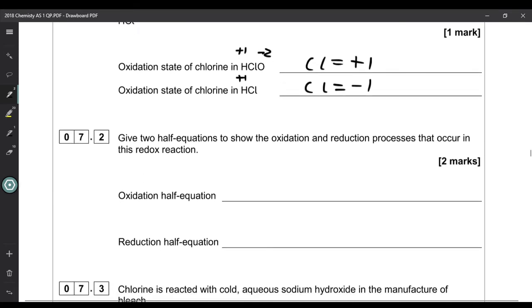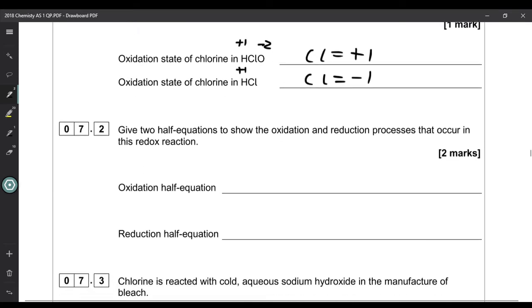So the next question is asking us about the half equations, which is the movement of electrons during the reaction. Now, very few students actually got this right during the exam, so it's worth practicing your half equations.